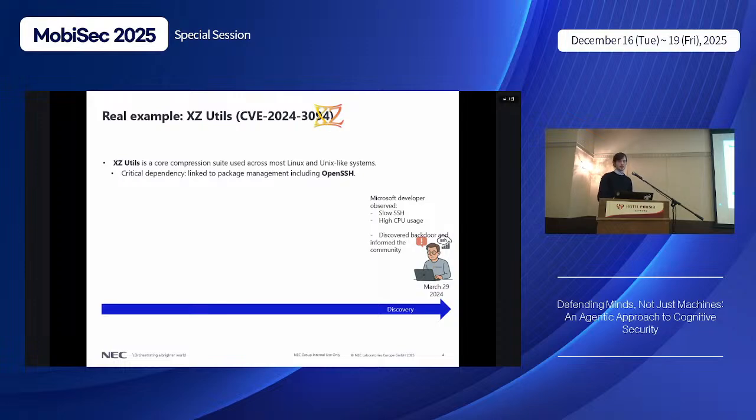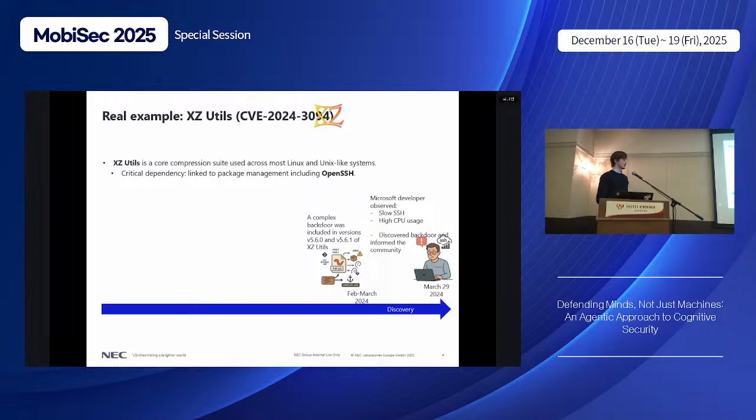After checking the code and the project, he realized that there was a backdoor in the xz utils project. He contacted the community, and it was confirmed that yes, there was a complex backdoor included in versions 5.6.0 and 5.6.1 of xz utils between February and March of 2024.